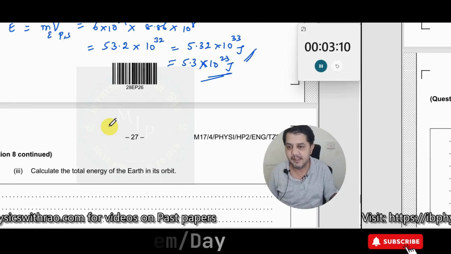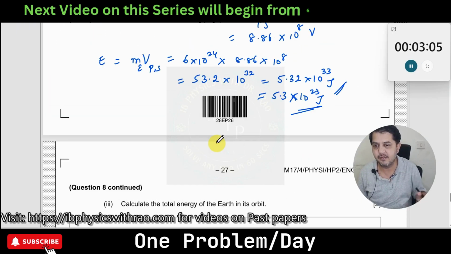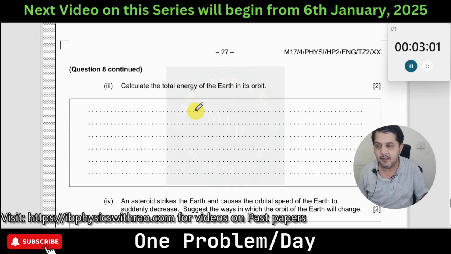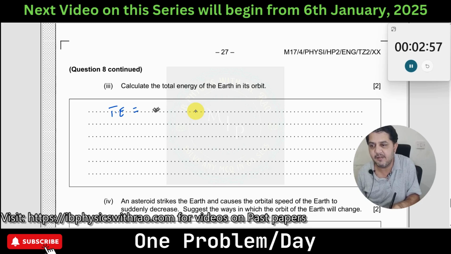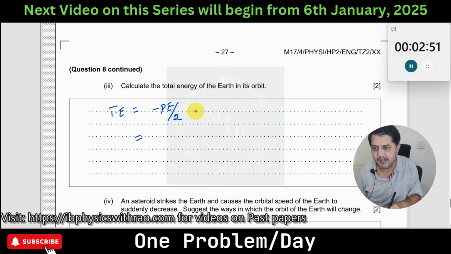Next one. Calculate the total energy of the earth in its orbit. So this is the potential energy. Total energy is always equal to minus potential energy divided by 2, because it's already bound, right? So it is only half of this.